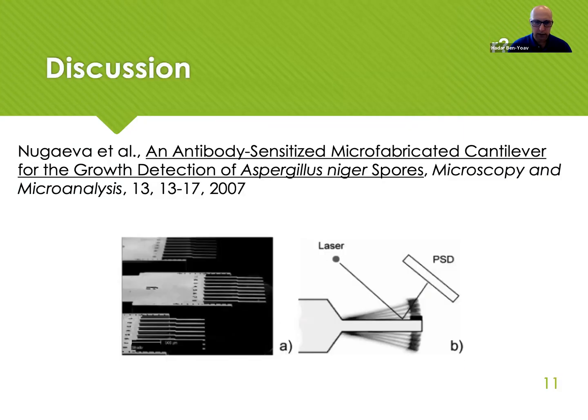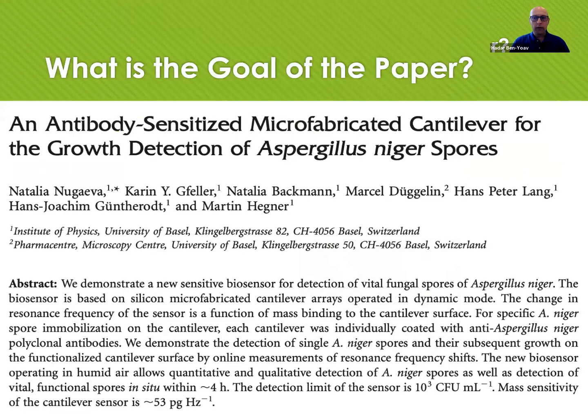What is the goal of the paper? Again, I always start with the motivation. Why even bother developing this kind of sensor, other than it's kind of cool? We need a real world scenario, a real world need.